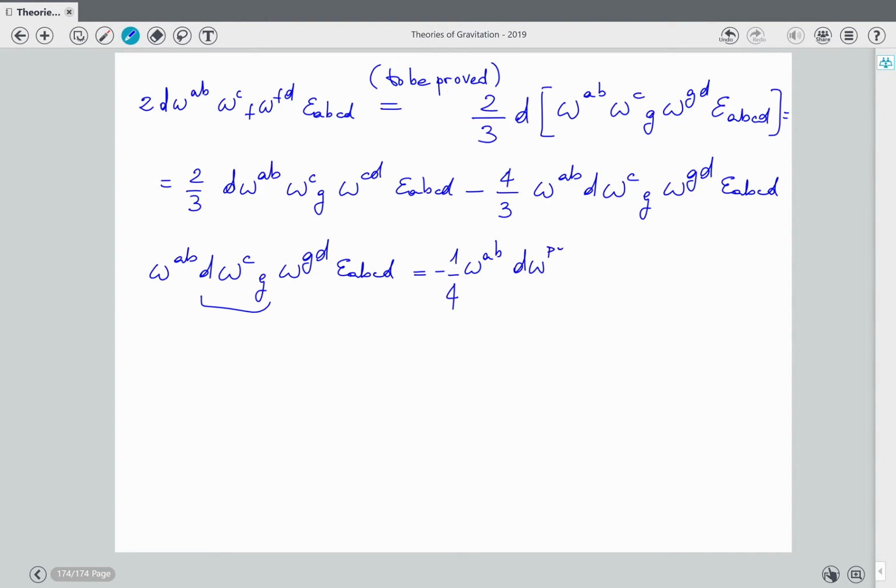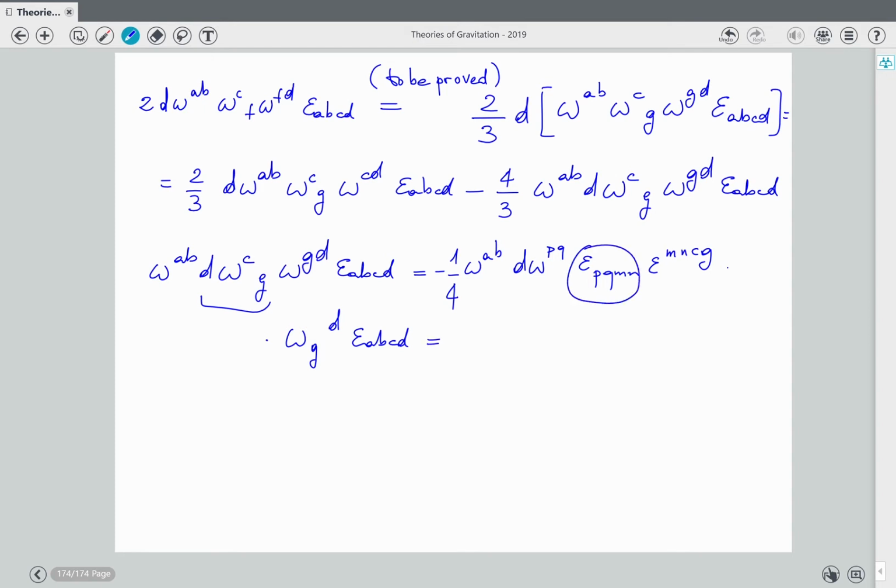PQ epsilon PQ MN epsilon MN CG. Let me raise the indices. And then we have G downstairs, D epsilon ABCD. So it's the usual trick.